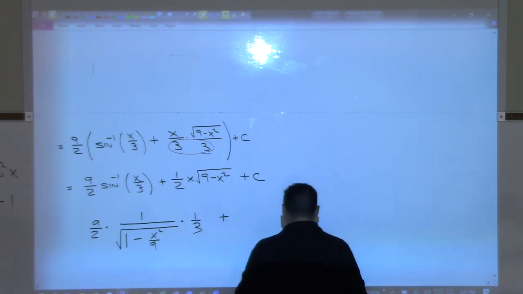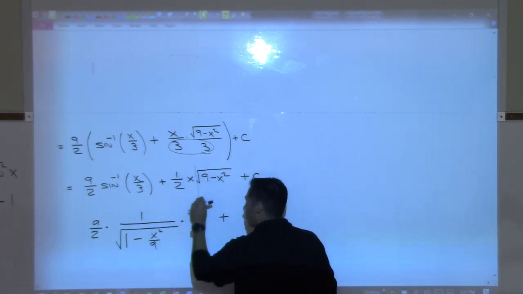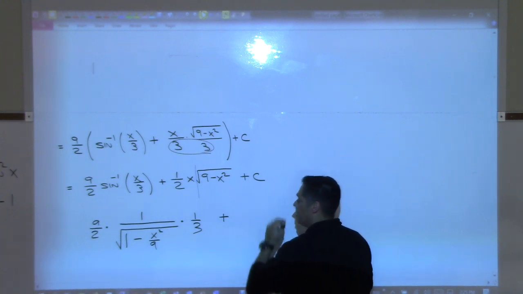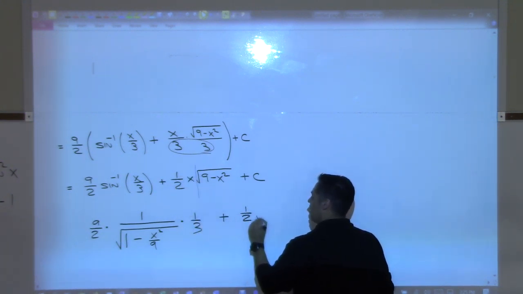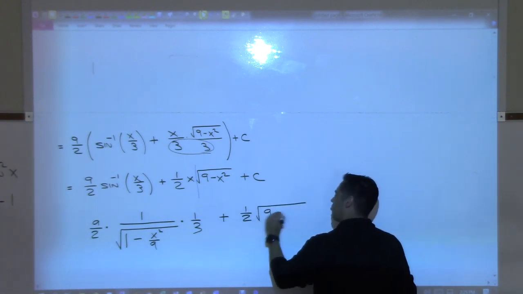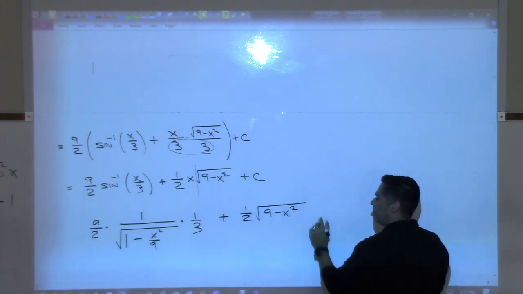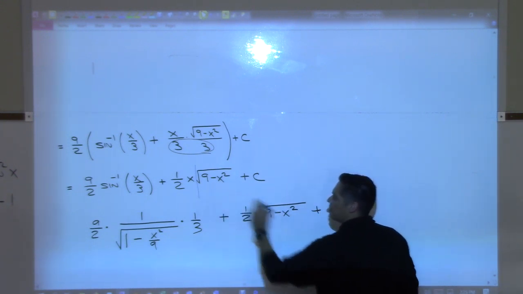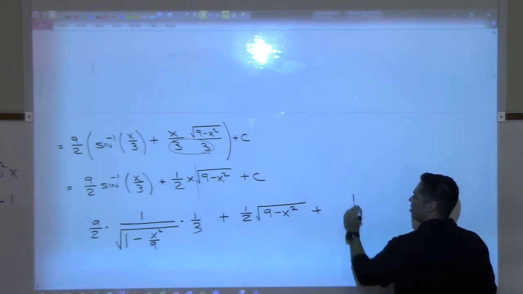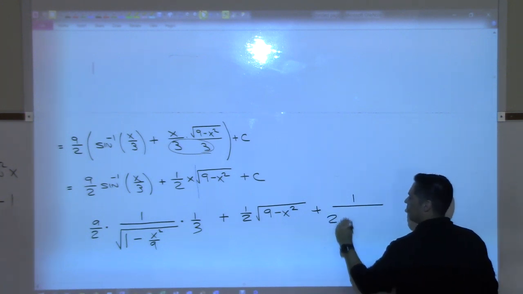Plus, okay, here I'm going to do a product rule. So I'm going to do the derivative of 1/2 x, which is 1/2, times the second one, right? Plus the derivative of this. So what's the derivative of the square root of something? 1 over, yeah.